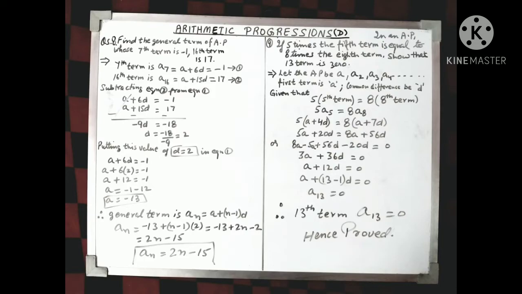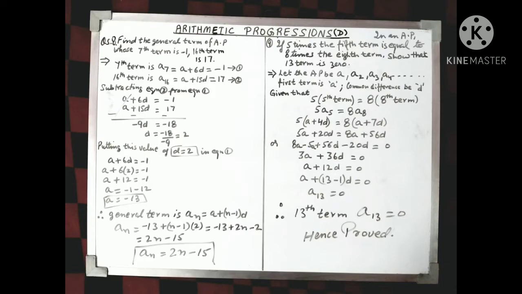Let the given AP be a, a2, a3, a4 and so on. That is, the first term is a and let the common difference be d, right? So according to the question, we are given that 5 times the 5th term is equal to 8 times the 8th term. That is, 5 into a5 is equal to 8 into a8. a5 is written as a plus 4d and a8 is written as a plus 7d.